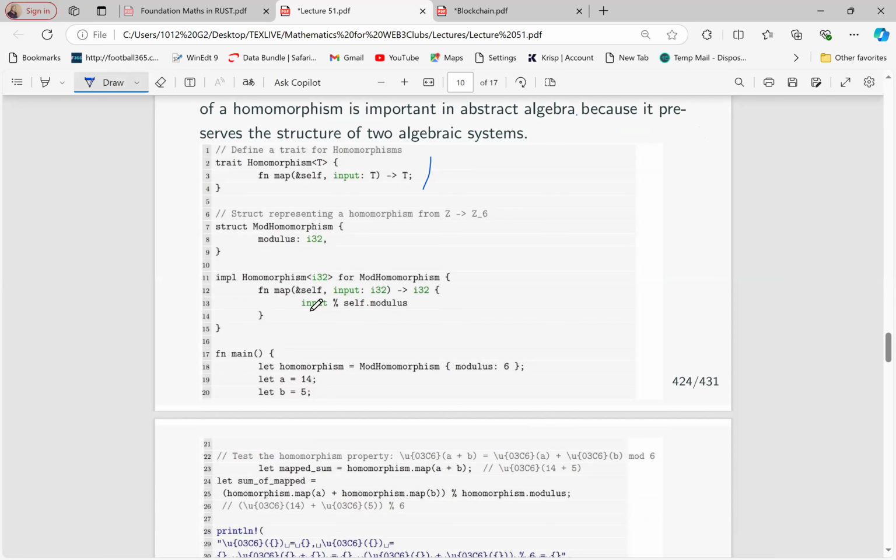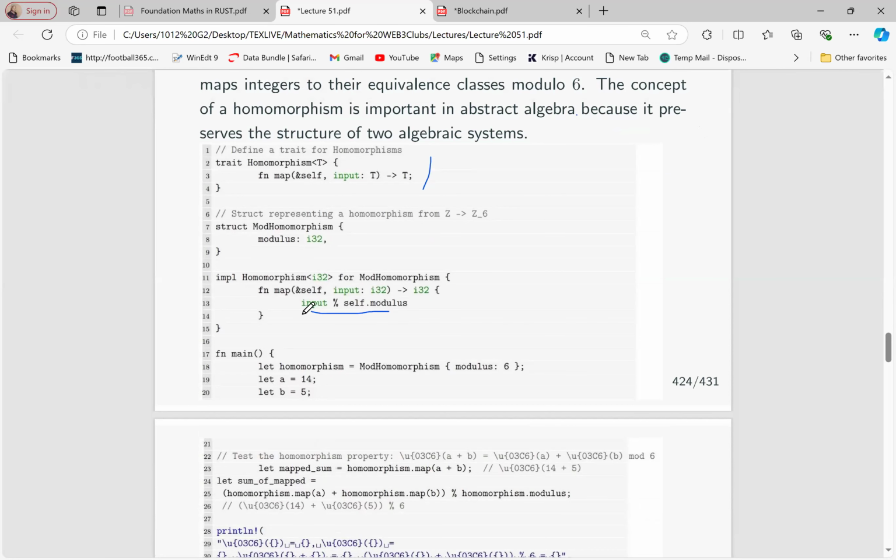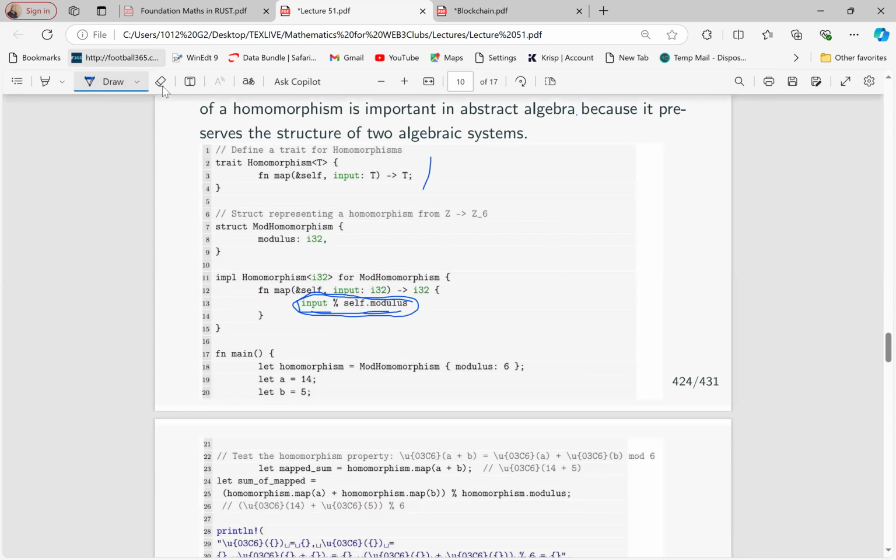We know what this symbol means. Actually, this is the remainder: the input mod. So when you divide the input by the modulus, what you get is what is written here, the remainder. So this symbol, we again understand it.